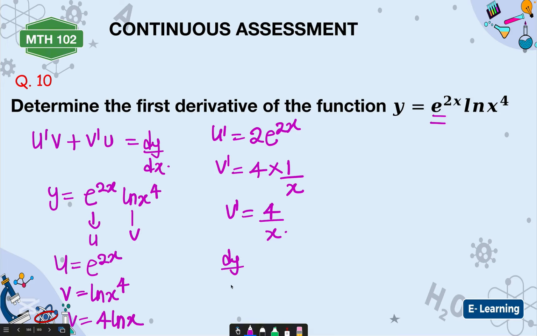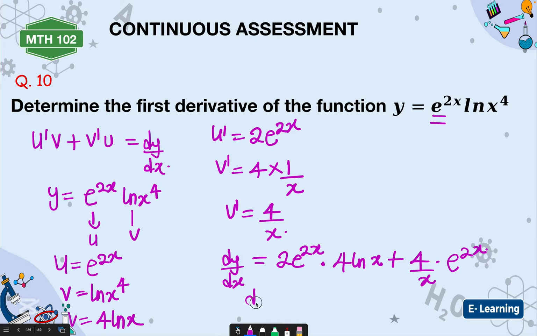So at the end of the day, what are you now going to have? Our dy/dx would be equal to u prime, which is 2e^(2x), multiplied by v, which is 4 natural logarithm of x, plus v prime, which is 4 over x, multiplied by u, which is e to the power of 2x.